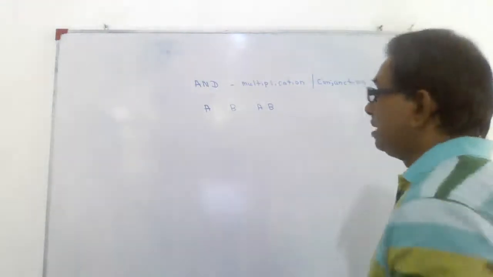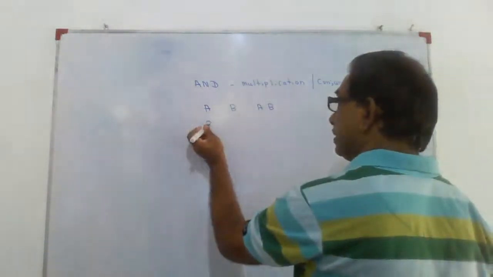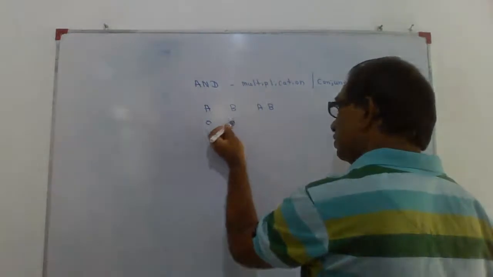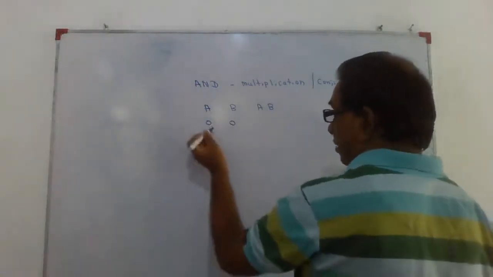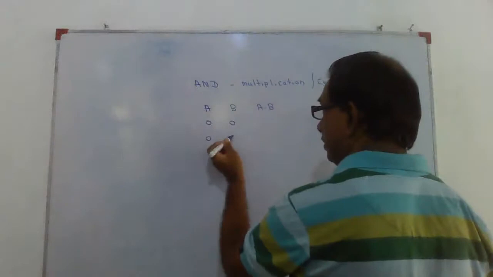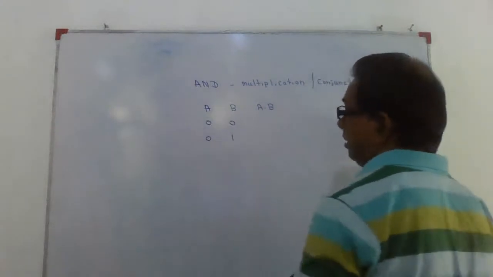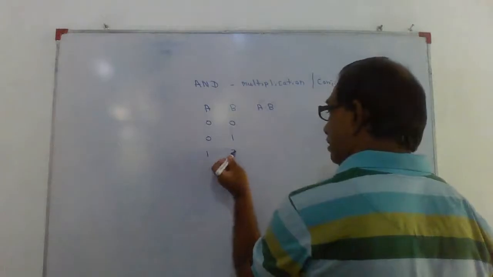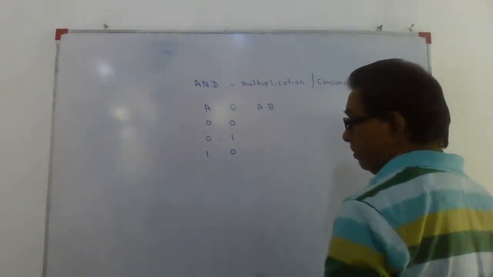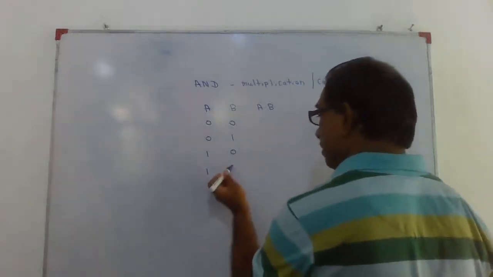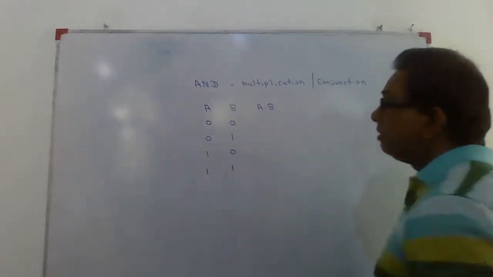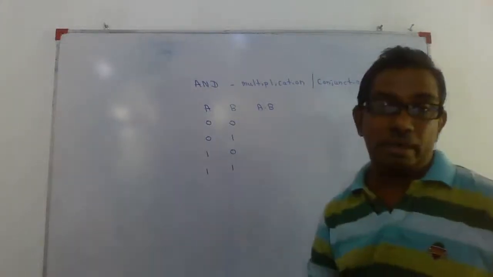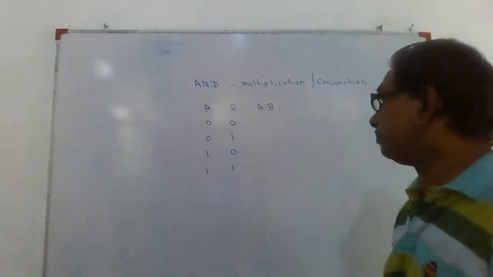Let's see. A can be 0, B also 0. One possibility. A can be 0, B can be 1. A can be 1, B is 0. Both values can be 1. These are the possibilities in Boolean variables.